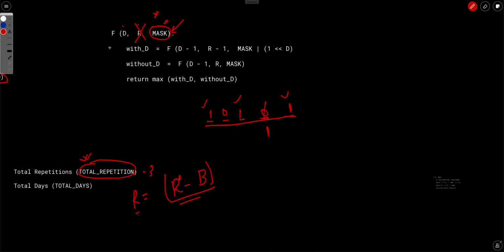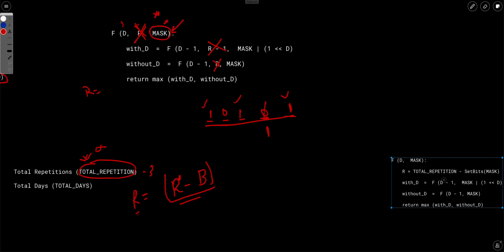So even if we don't have r, we can calculate it easily with the help of the total repetitions, which is constant, and the mask that we already have in the function parameter. So we have removed r altogether from the question.